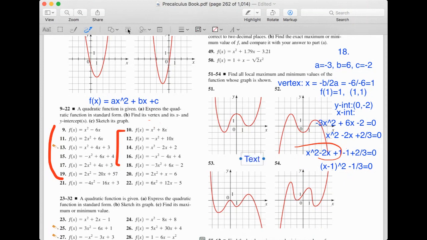That gives me (x minus 1) squared equals 1/3. And then I can square root both sides. So I get x minus 1 equals plus or minus the square root of 1/3.